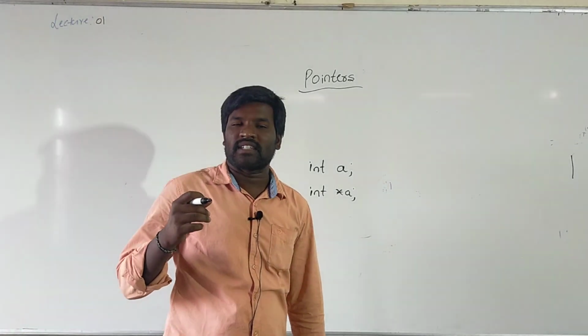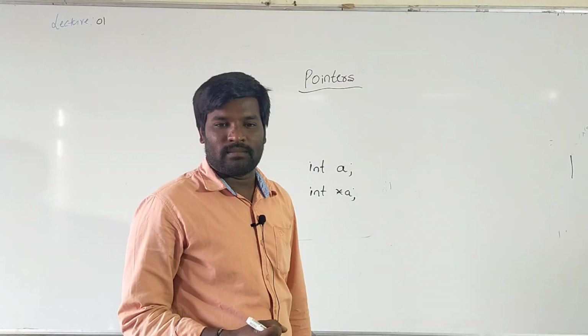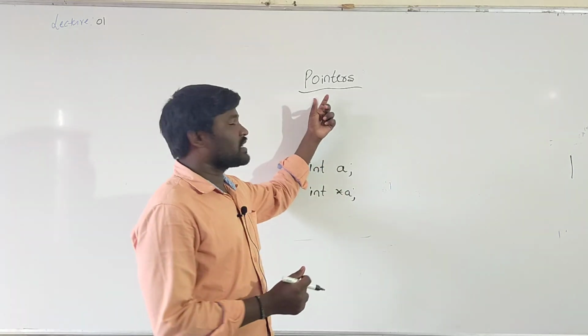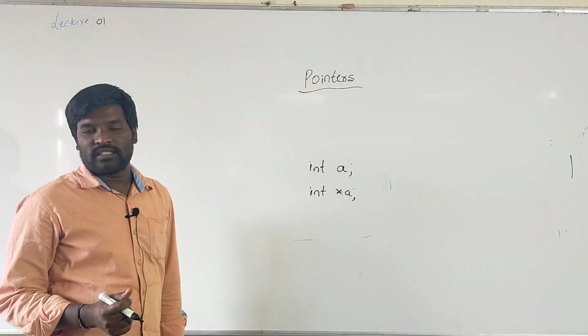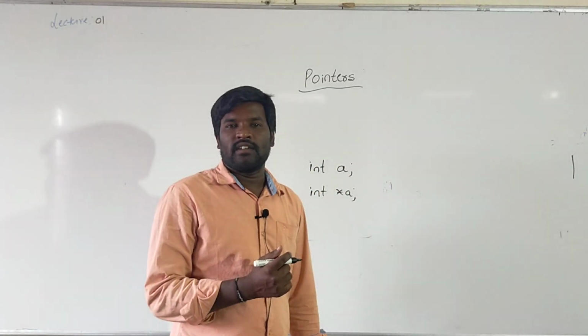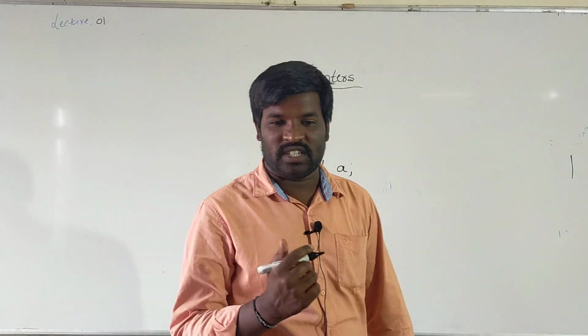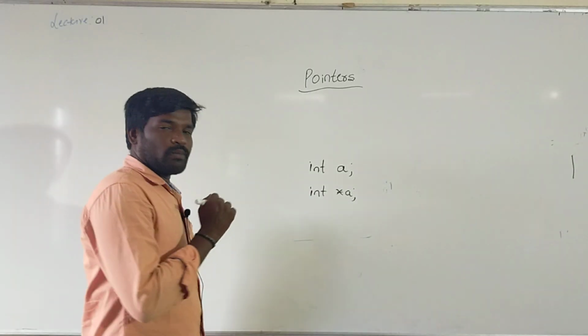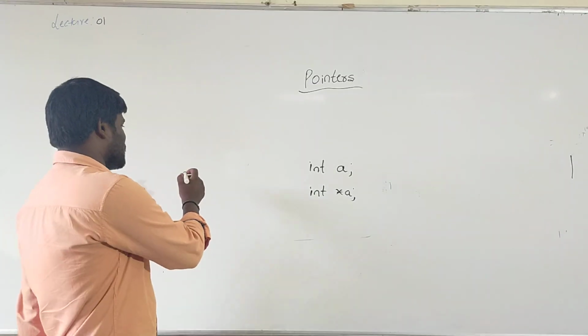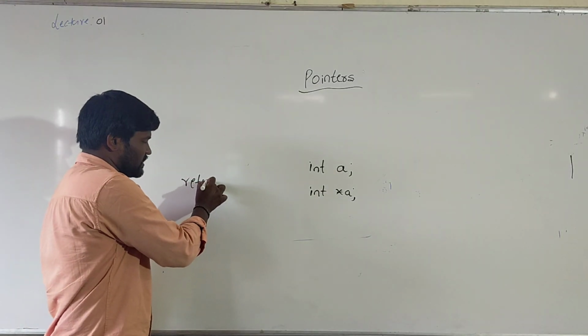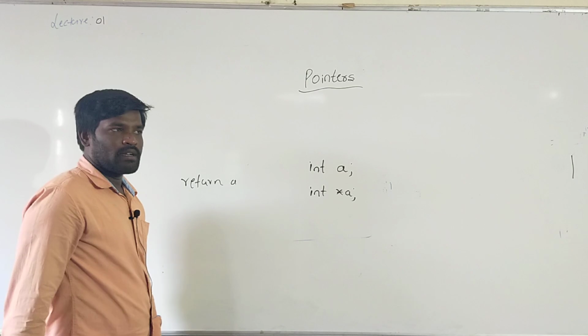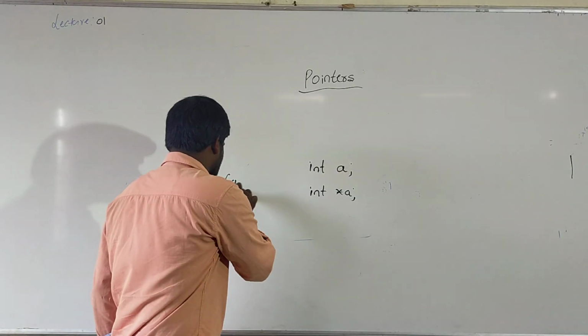Then why are pointers required in our program? The main advantage of using pointers is that they are used to return multiple values from a function. For example, in a normal function, if I want to return a value, I can just write return a. But it is not possible to return a, b.